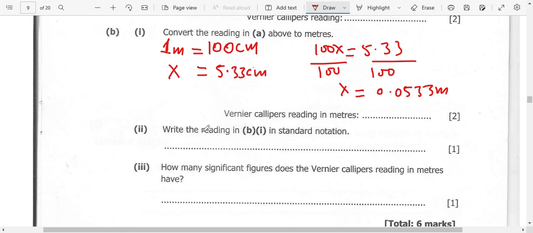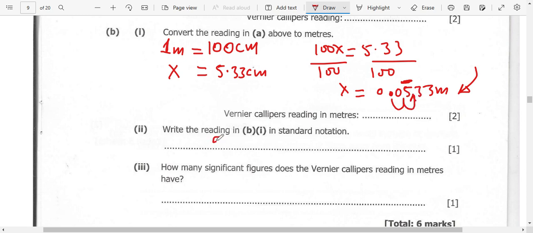Now the next one, write the reading in B in standard form. So this is B. You want to write this in standard form. When you want to write a number in standard form, make sure that the decimal is behind the first number which is not a zero. Meaning that it should be behind 5. So it needs to move 1, 2 up to here.